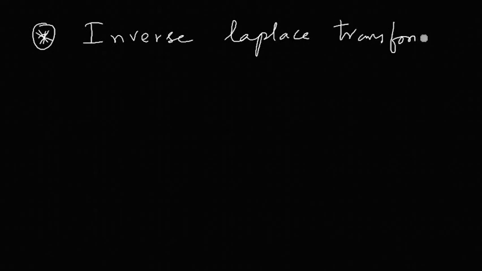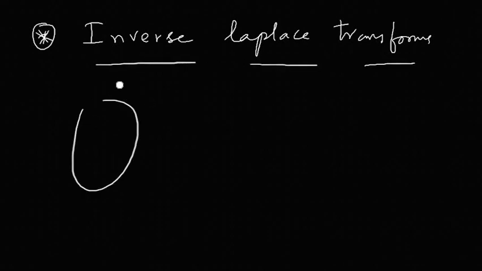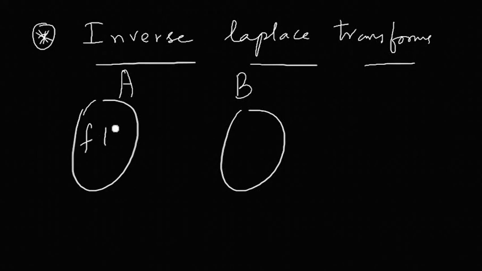Now let us come to the situation where we talk about inverse Laplace transforms. Try to see in the way in which I am showing you. Suppose you have a domain A and codomain B, you're having a function f of t, and the Laplace transform is nothing but a transform, meaning it is a function.